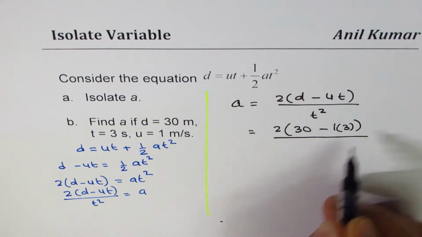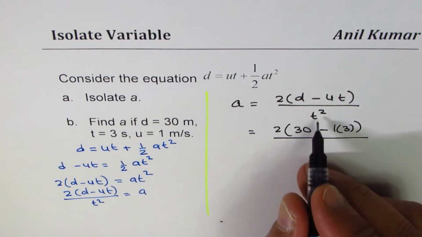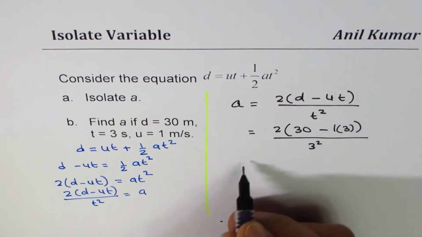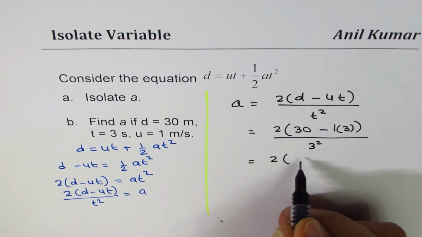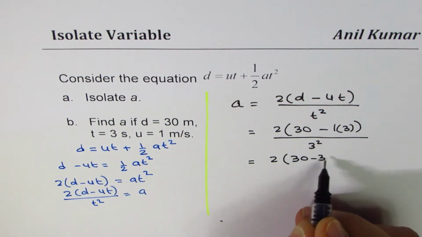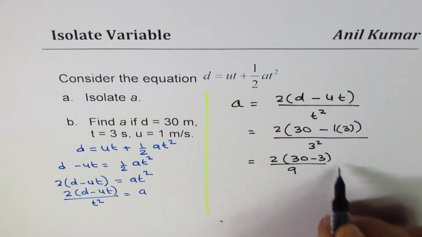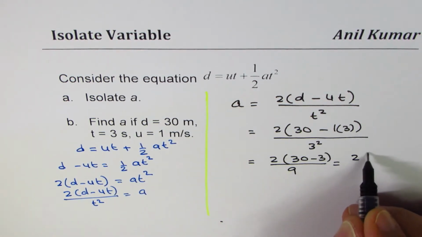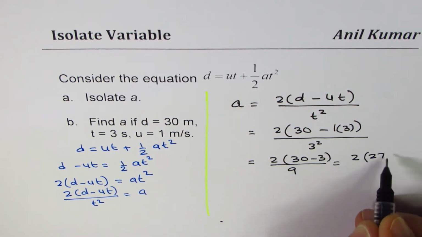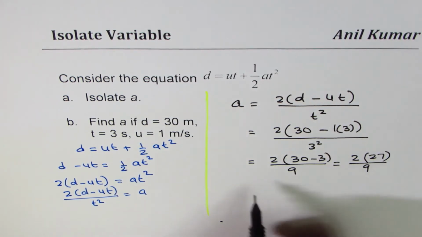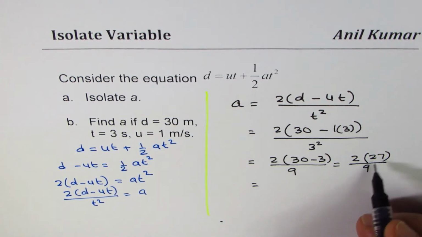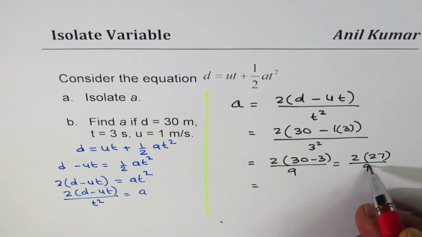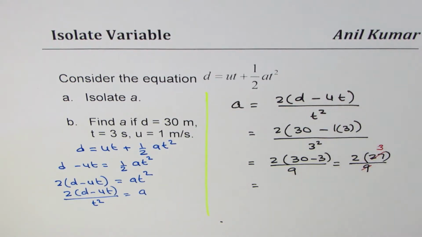Okay, divided by t square, so 3 square, which is 2 times (30 minus 3) divided by 9, which is 2 times 27 divided by 9. Now 27 goes 3 times, right? You could cancel this. 9 times 3 is 27.